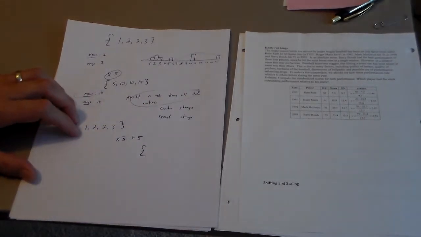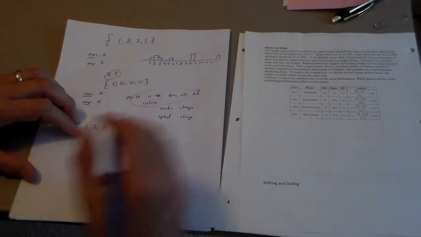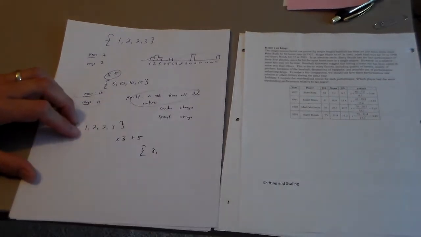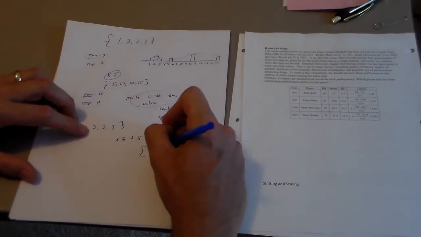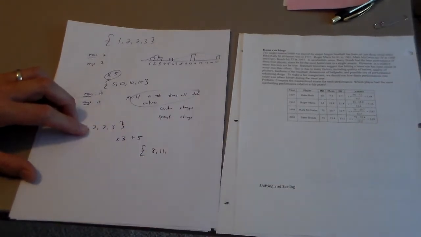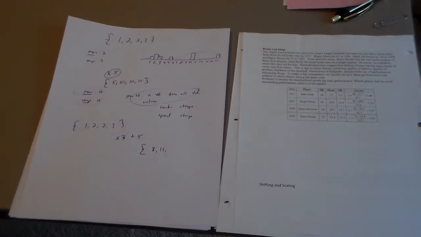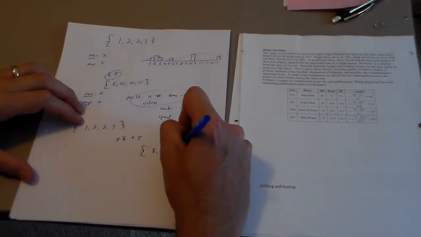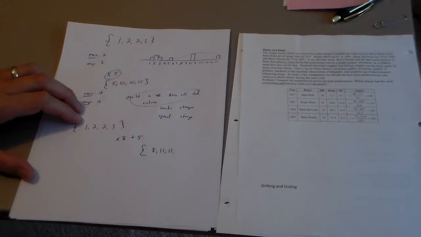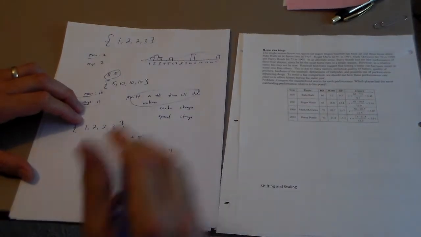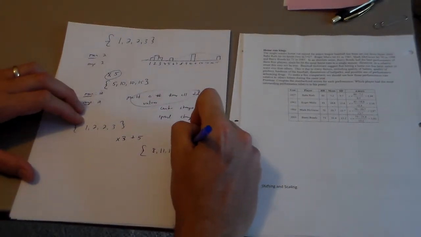So if I do 1 times 3 and I add 5, that gives me 8. 2 times 3 is 6, plus 5 is 11. And then 3 times 3 is 9, plus 5 is 14.